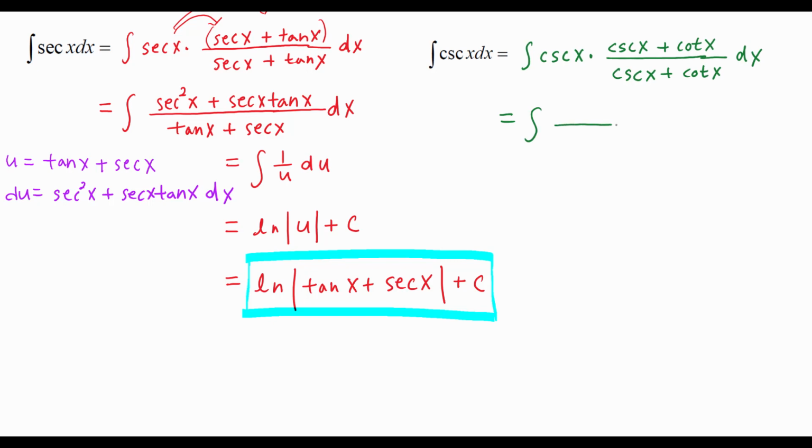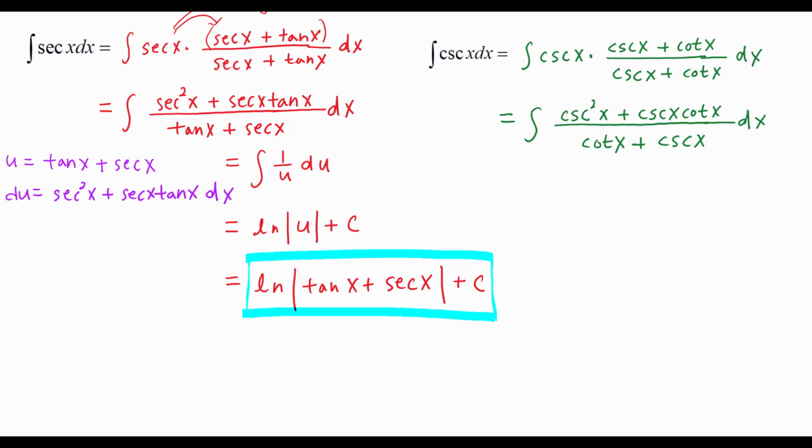Then you multiply numerator with numerator, you get cosecant square x plus cosecant x cotangent x over, I'm gonna write cotangent x first and cosecant x second so that they line up with their derivatives.